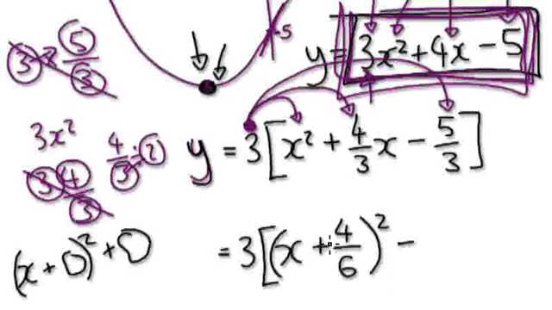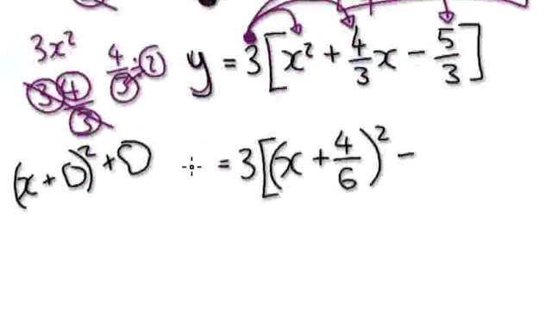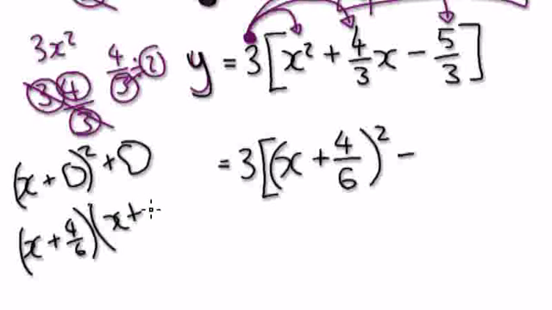Then remember when you come to square this, it will be 4 over 6 squared, times by itself here.